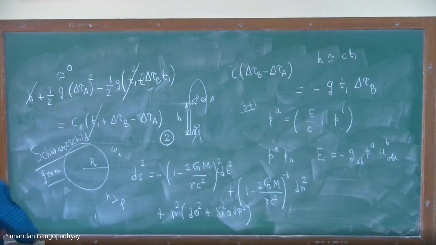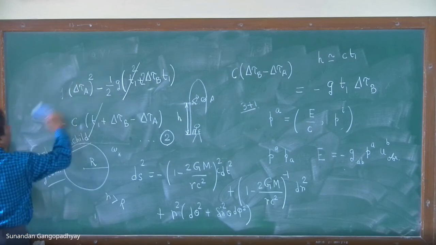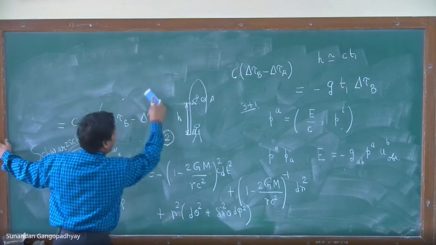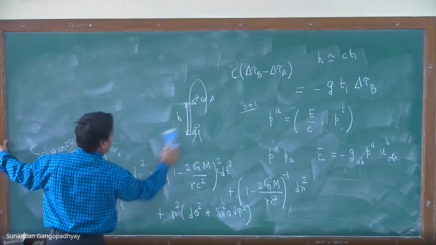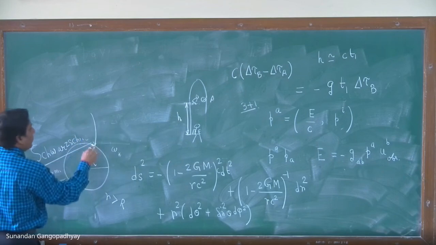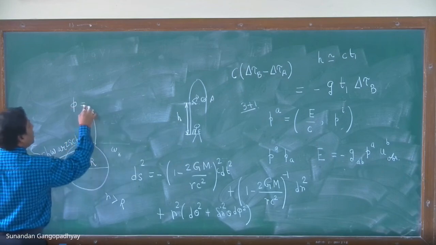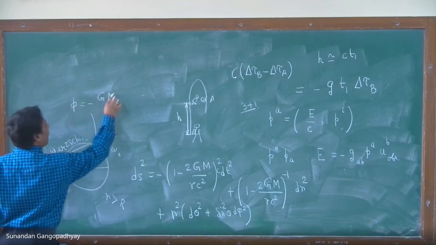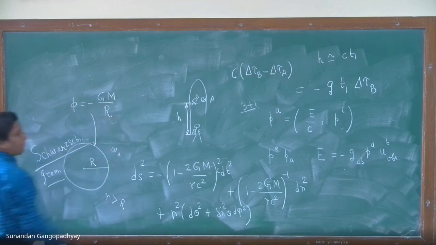Let us come back to the previous problem and apply the result that we have obtained earlier for gravitational time dilation. At the surface of the star, what will be the potential? The potential is minus GM by R. Right?